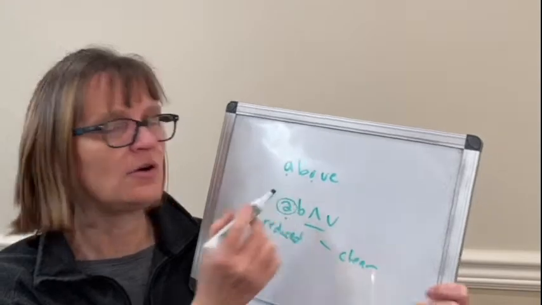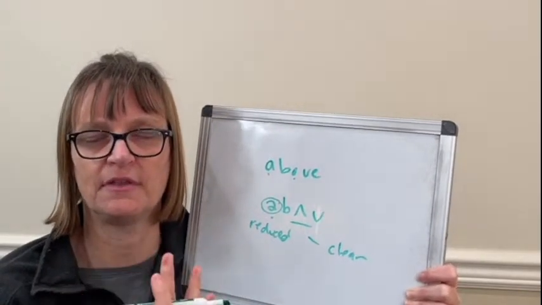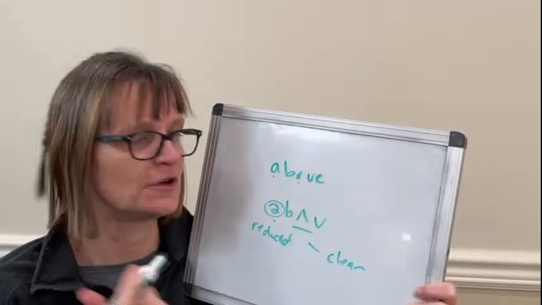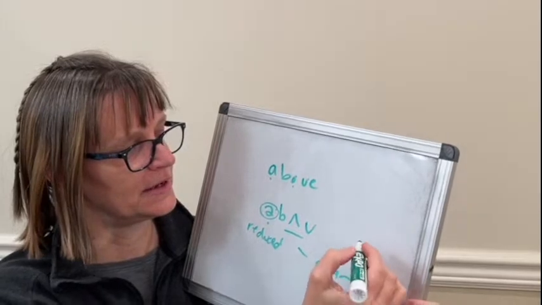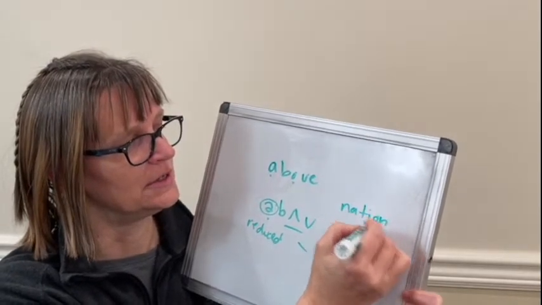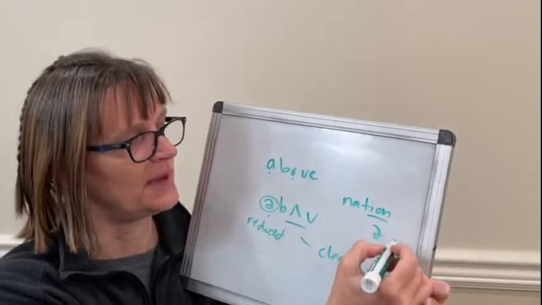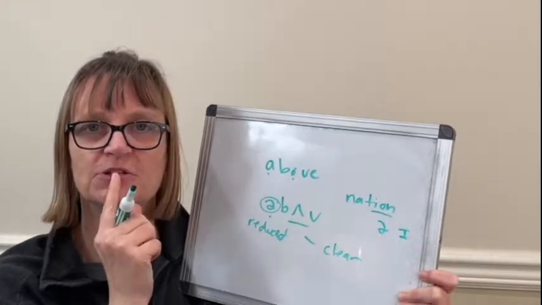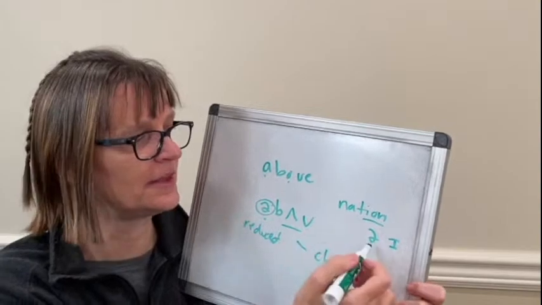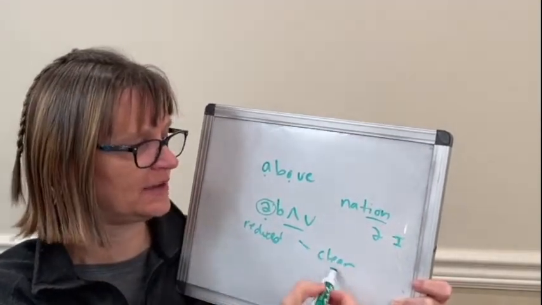This one's a reduced vowel and this one's a clear vowel. This reduced vowel may get a little bit influenced by where it is and the other sounds in a word because it's so fast and short. So for example, in a word like nation, this "shun", I'm thinking maybe my schwa might be a little higher because the sh and the n are forward and the n is lifted in the mouth. So I might not say nation with so much sound like in above.